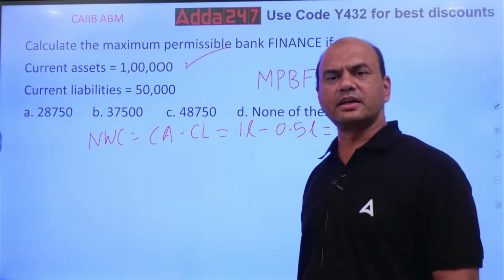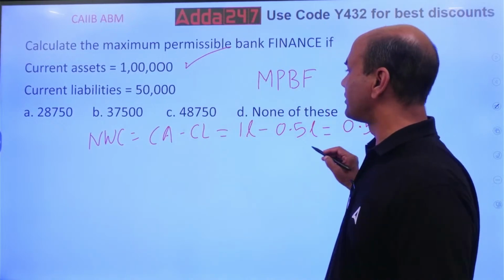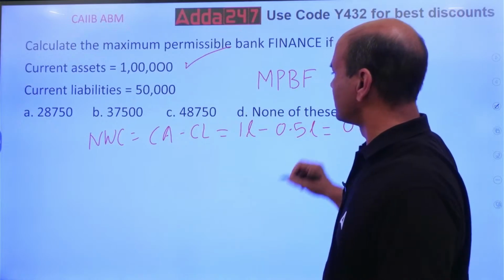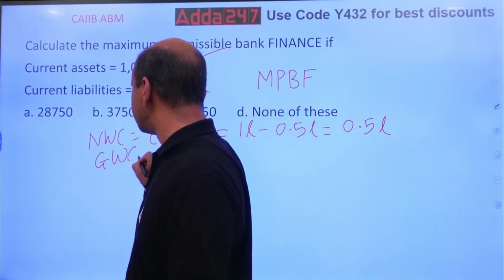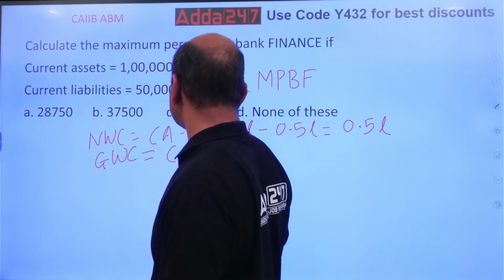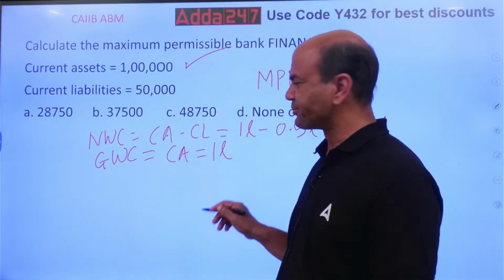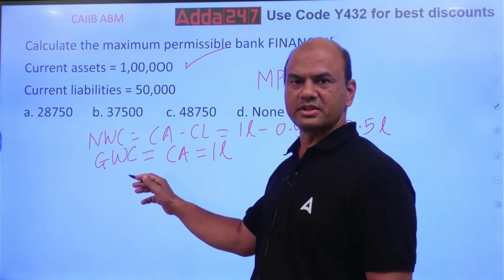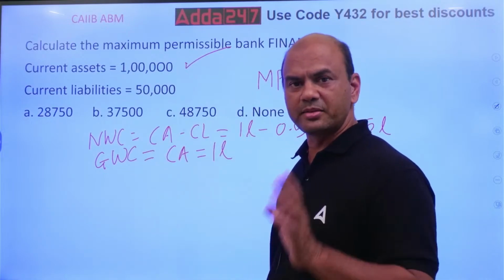Total current assets are gross working capital. Kindly remember this, I'll write GWC, gross working capital equals current assets, so here it equals 1 lakh. It's not required in this problem, that's why I have not taken it. But this is gross. NWC means net: current assets minus current liabilities.